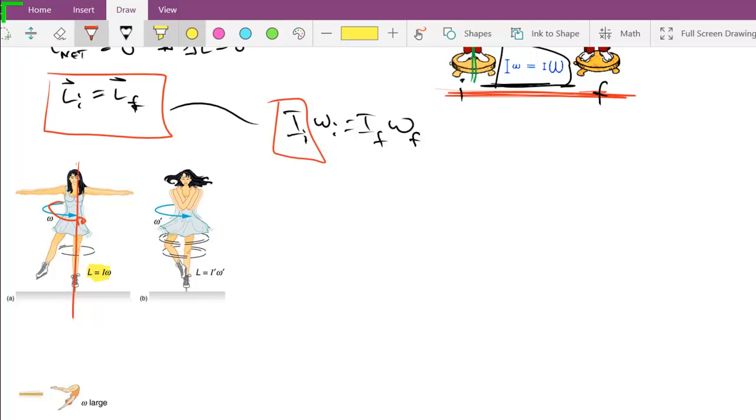As she brings her arms in closer to the axis of rotation, she is decreasing her rotational inertia. And since the total angular momentum must remain constant, she must have an increase in rotational velocity. So she spins faster as she brings her leg in and brings her arms in, and she spins slower as she moves her arms and legs out.